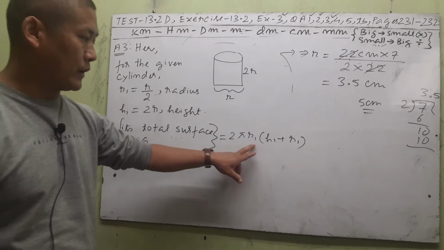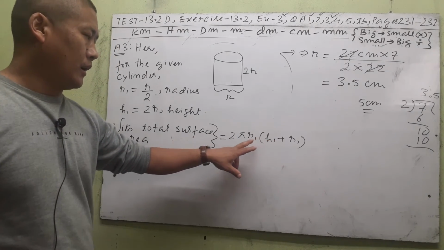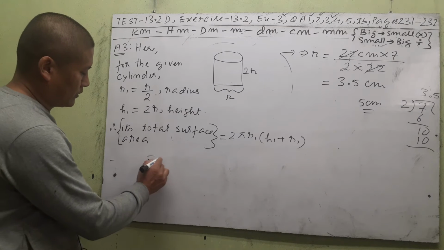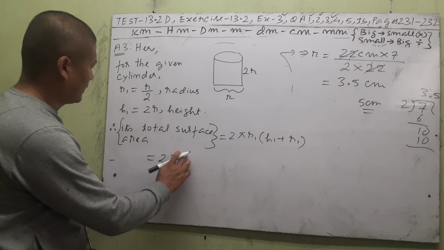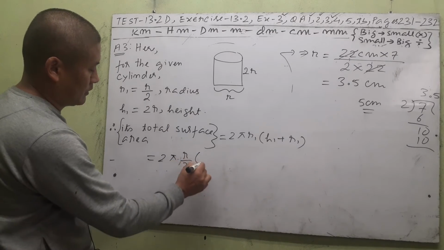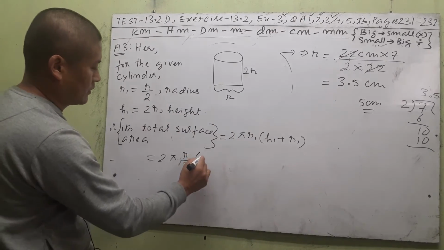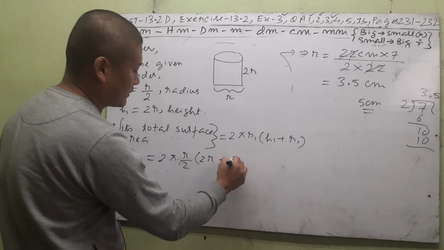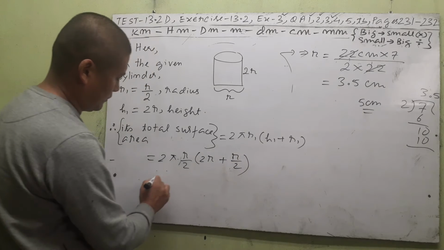So 2 pi r1 into h1 plus r1, because we have put the radius here as r1 and height as h1. So that gives you 2 pi, r1 value is r by 2, into h1 value 2r, plus r1 value again r by 2.